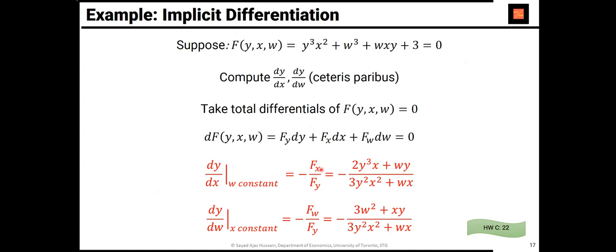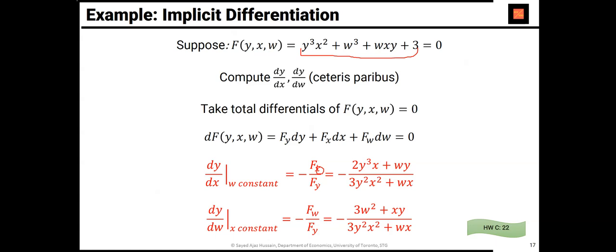This means you take this big F function, right? Let's actually use a pointer. Take this big F function, and now you want to differentiate just with respect to x. So you should do this. Just with respect to x, this will be 2y cubed x plus wy.